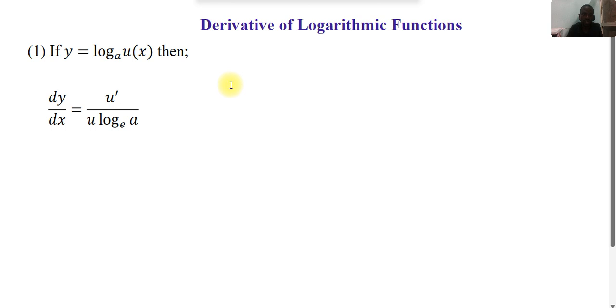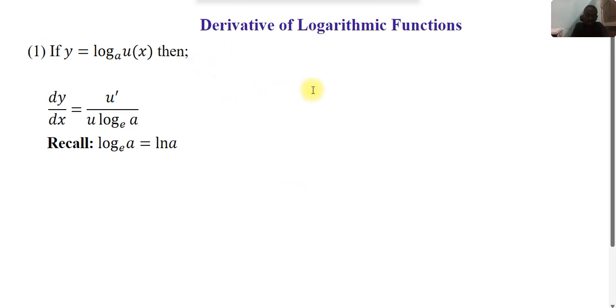Then your derivative of that function, that is the derivative of y, will be u prime over u log a base e.